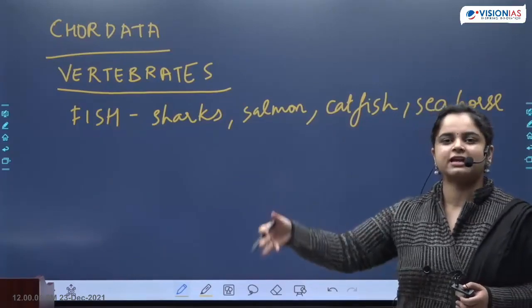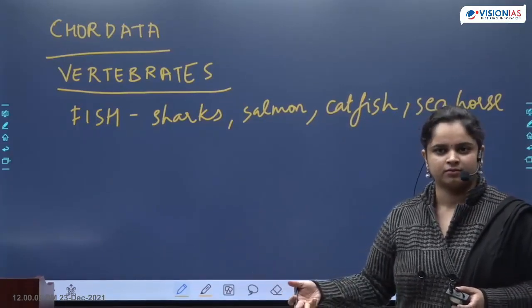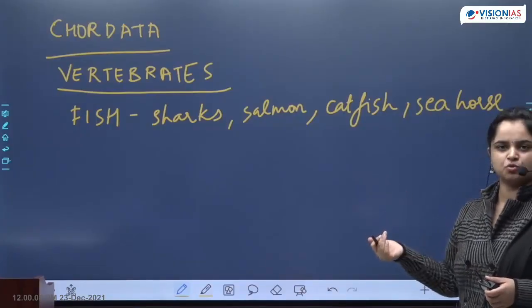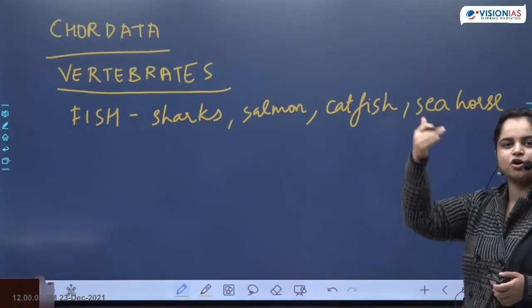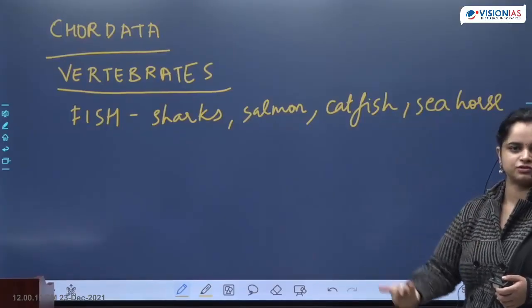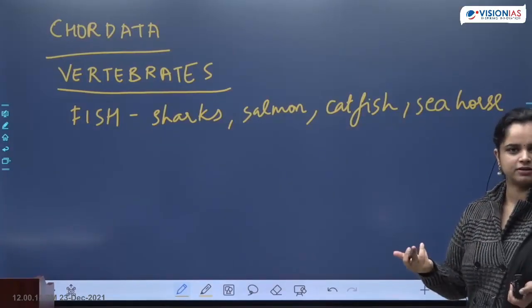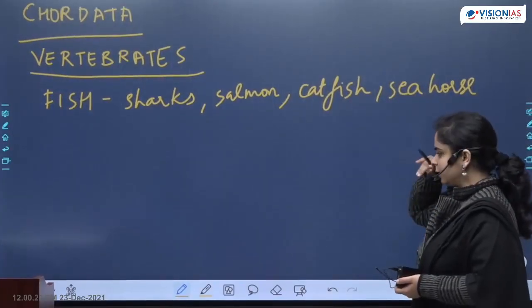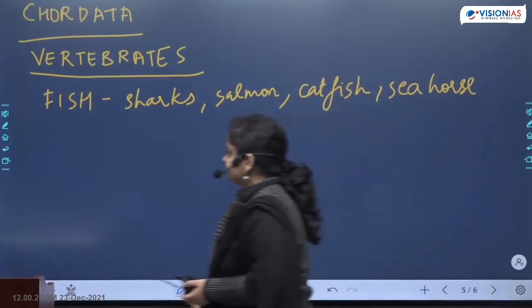Okay, we have a sea lion, which is a mammal, right? But seahorse is a fish. So that's how they ask you question. The standard question: seahorse, sea lion, sea cow, which is a fish or which is a mammal, like that. They'll ask you the question. So any such names you find, you need to know the category.